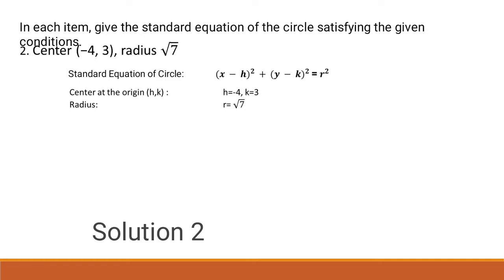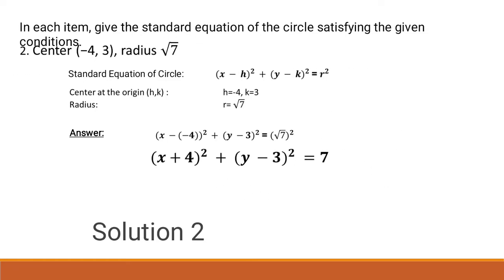So i-insert lang natin sila dun sa given standard equation. And the answer is (x minus negative 4) plus (y minus 3) is equivalent to the square root of 7, which results in (x plus 4) raised to 2 plus (y minus 3) raised to 2 is equivalent to 7.